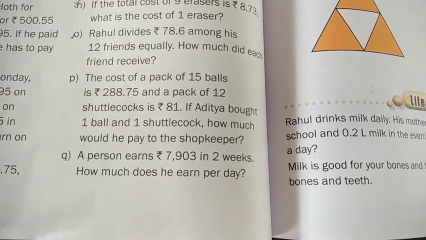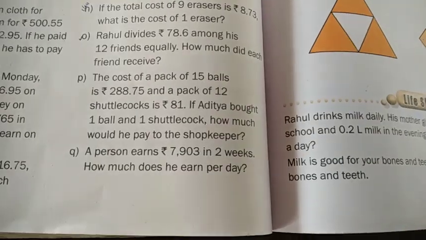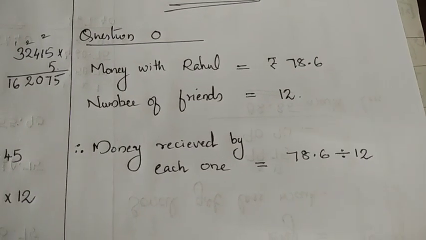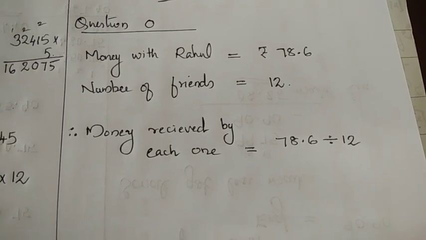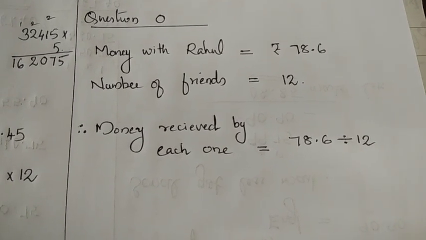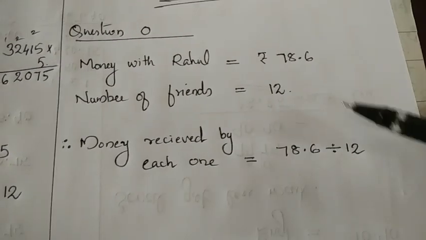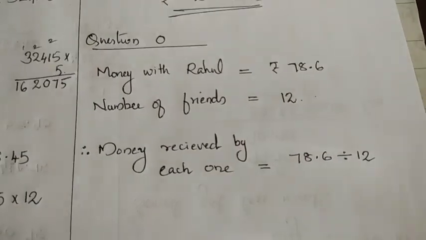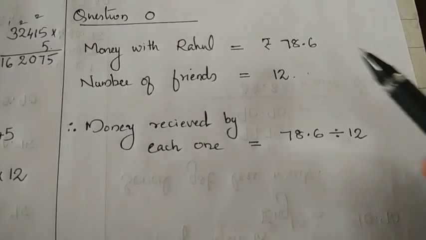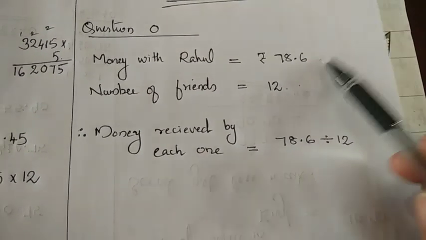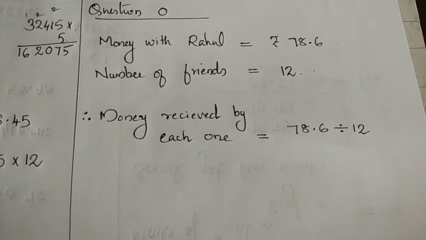So how much will each get? So we can write the statements as money with Rahul equal to rupees 78.6. How many friends are there? 12 friends are there. Now, how much will each get? Okay, so we have to divide the total amount by 12 since he is dividing equally.